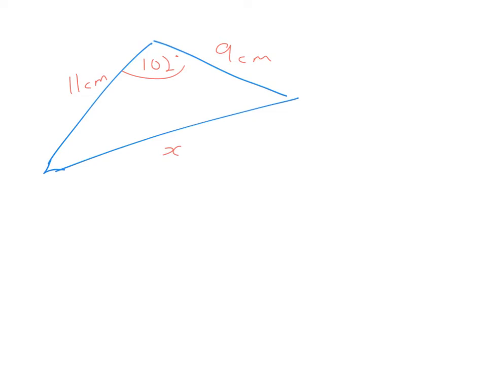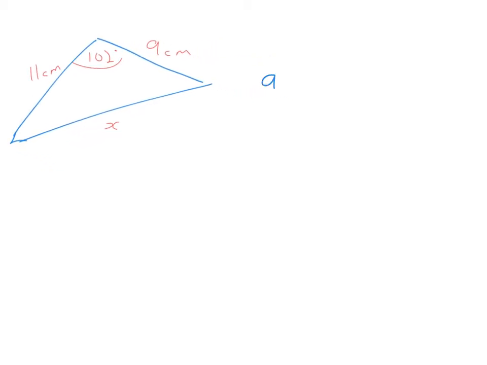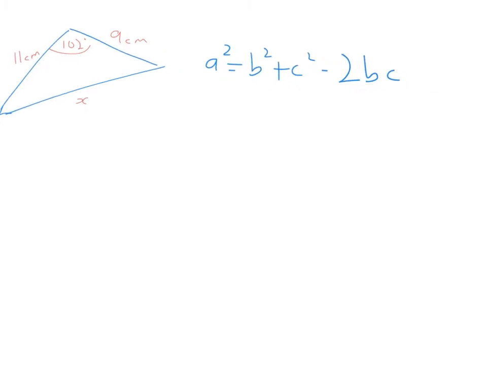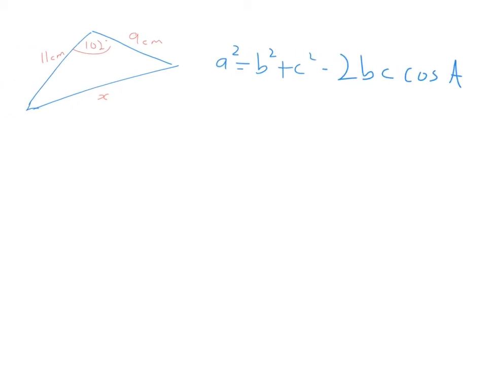So the first thing we're going to do is write out what the cosine rule is. a squared is equal to b squared plus c squared minus 2bc times the cos of our angle A. And then we can start filling in what those different values are. a squared is going to be x squared is equal to, again, b and c doesn't really matter which way you choose them.